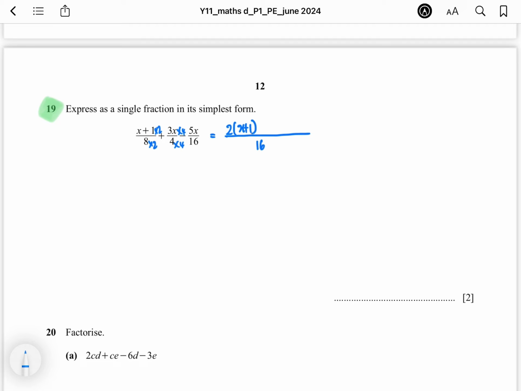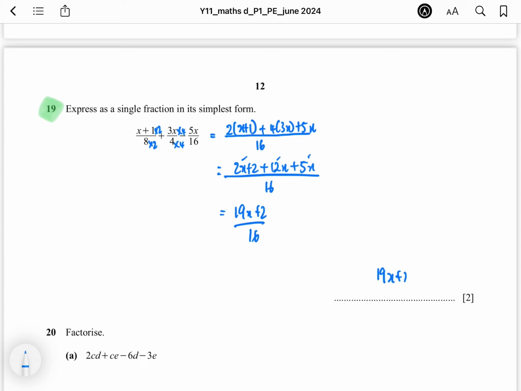So 2x plus 1 plus 4 times 3x plus 5x, expand, simplify like terms, 2x, 12x, and 5x. That means 14x plus 5x, 19x plus 2 over 16.